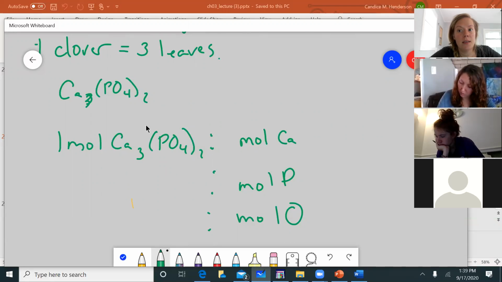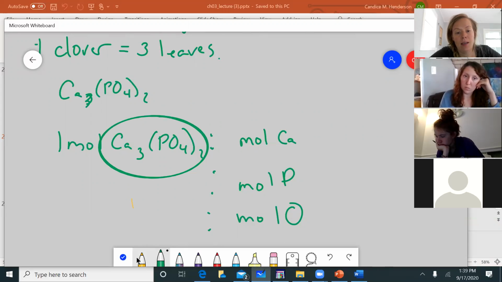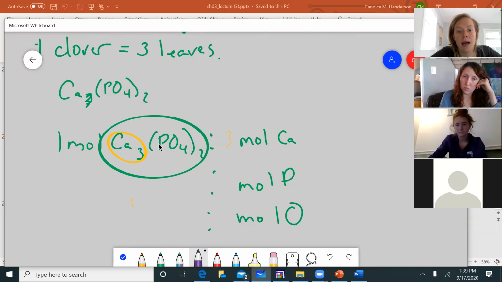So pretty easy to calculate this. For every 1 of these packets, I get or need 3 of these. So it's 3 moles of Ca. For every 1 of these packets, I get how many P's? 2 P's, okay?